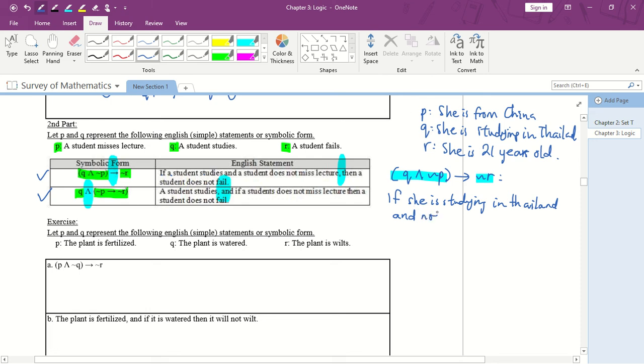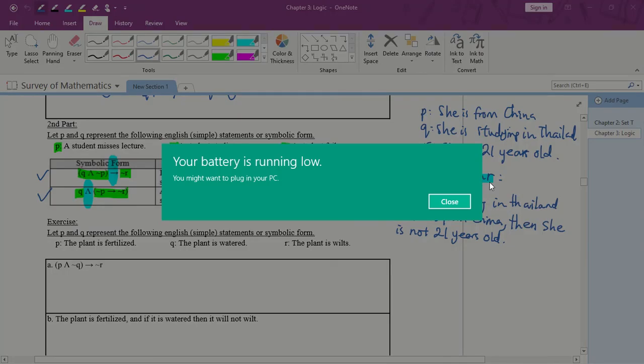And not from China. Okay? And this is the whole thing, right? And I've done with it. So I put a comma. Then of course with this one, if, then here will be then negation R. Then she is not 21 years old. Okay, it's kind of easy, right? When you want to write it, you just need to follow the idea.